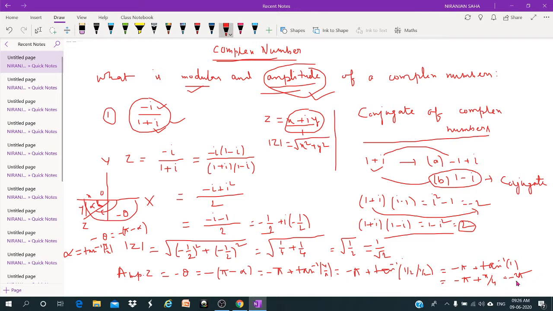So in this way, this angle is 3 pi by 4, and the negative sign shows that it is taken in the clockwise direction. So in this way, amplitude can be calculated.